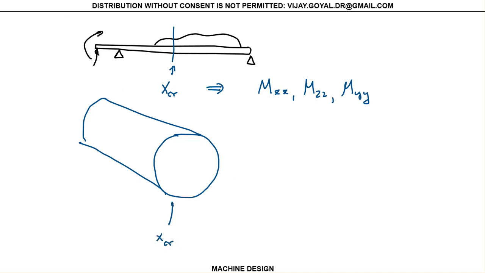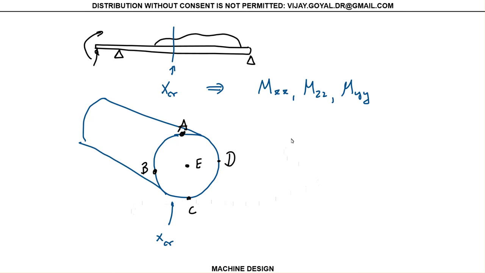In that location, we're going to put 5 points: point A, point B, point C, point D, and point E. Now, we want to see what happens at each one of these points in detail.